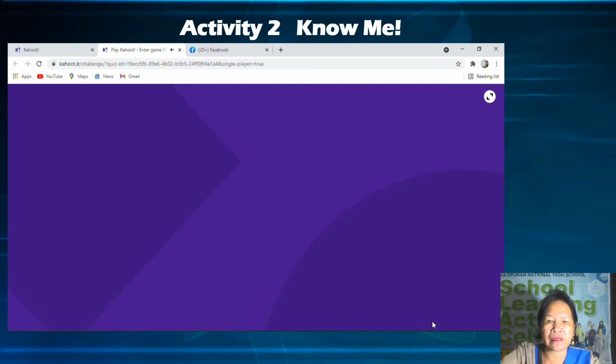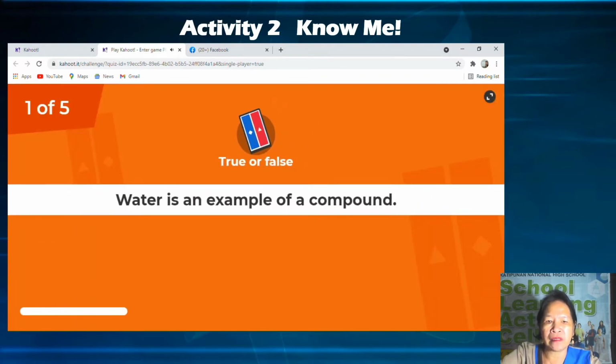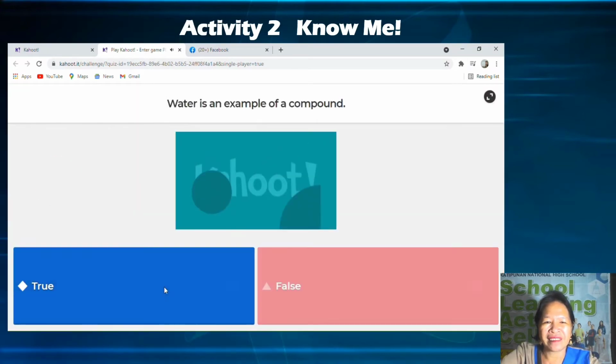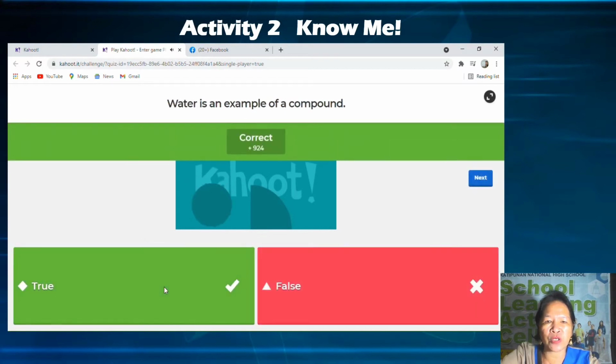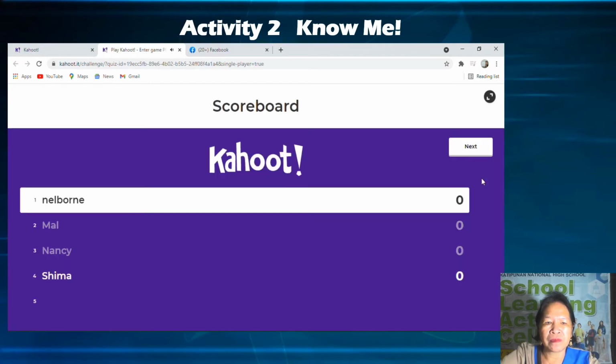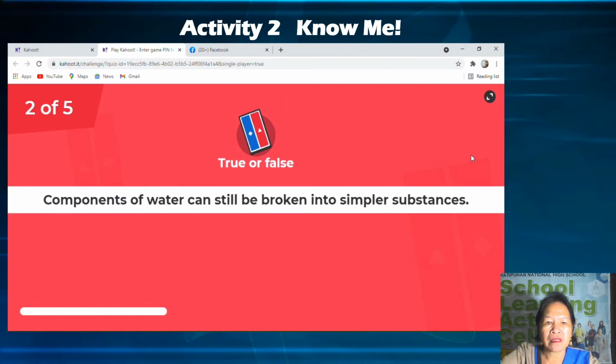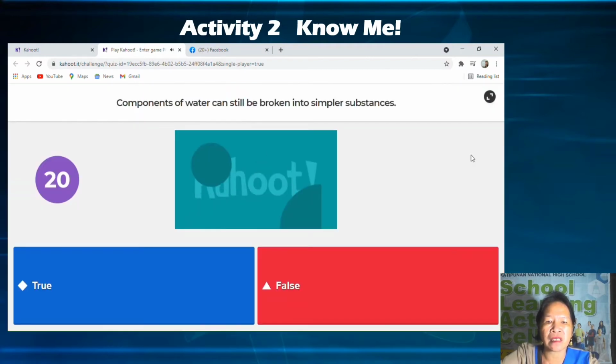Okay, start. Number 1. Water is an example of a compound. The answer is true. Who got the correct answer? Nelborn got it right. Next, components of water can still be broken into simpler substances.